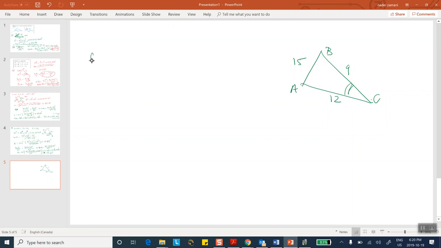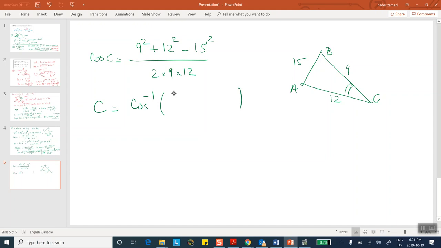So we have cosine of C is equal to 9 squared plus 12 squared minus 15 squared divided by 2 times 9 times 12. Or C is equal to cos inverse of this thing.